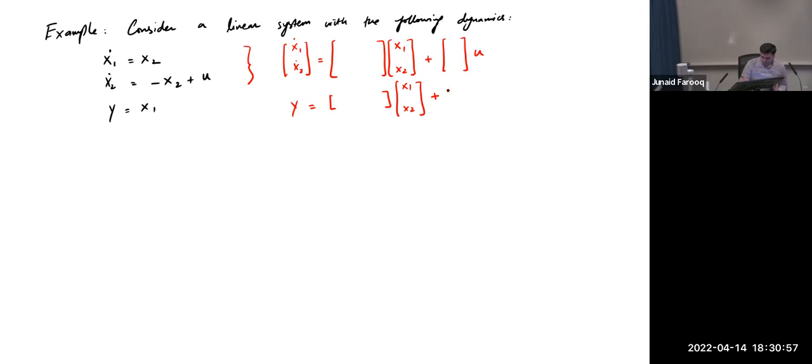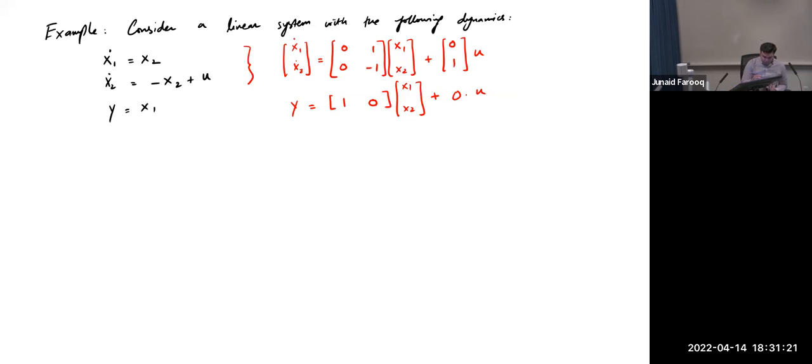So D is not here, D is 0. Okay, so the A matrix will be 0, 1, 0, -1. And we have a 0, 1 here and a 1, 0 here. So we've got these matrices.